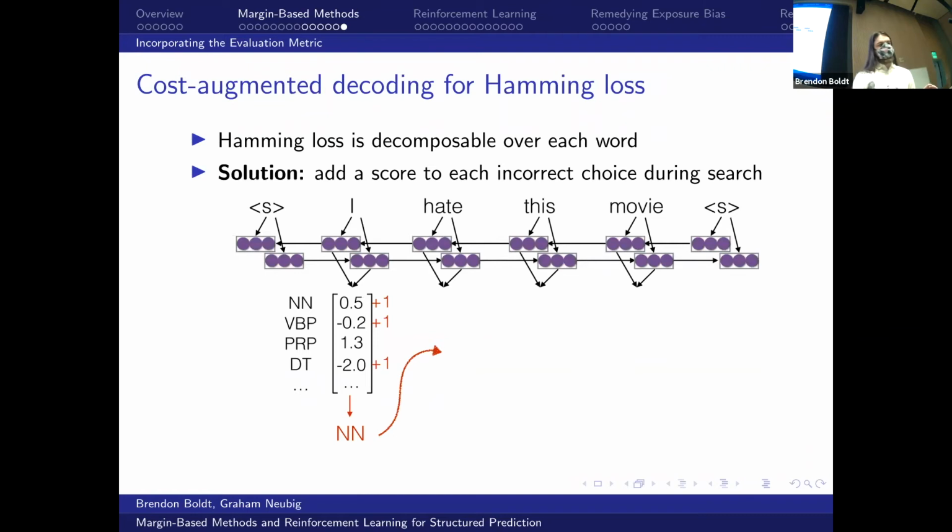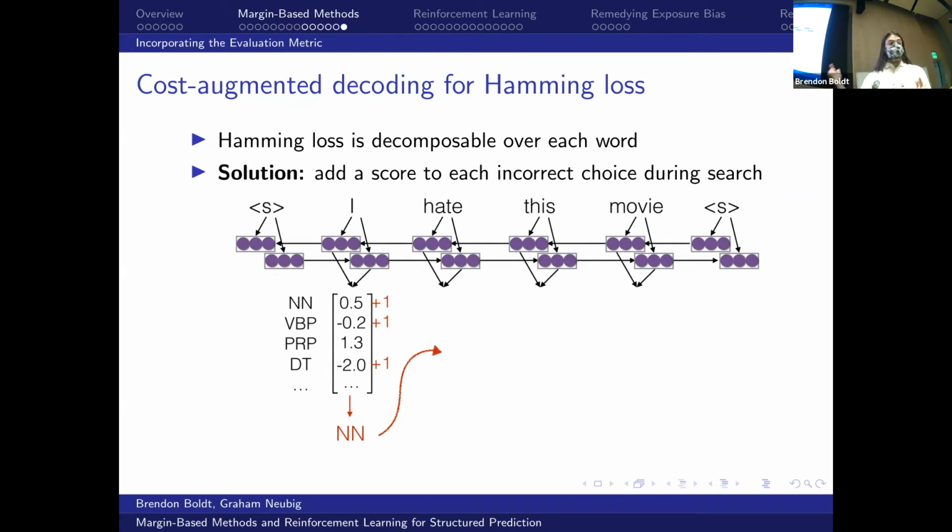If we're doing something like Hamming loss, it's decomposable over each word. Just looking at each element of the sequence, if they line up, good, it's a 0. If not, it's a +1.